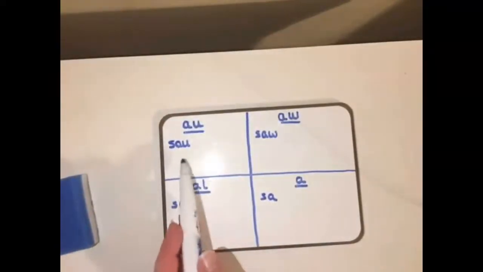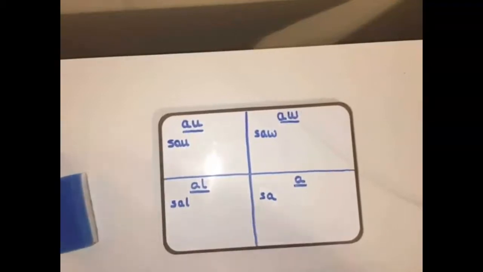A-U, this is not a word. This one is interesting because does the word saw end with an L? No, it's not a saw, it's a saw. So we don't need the one with the L there for this. And then S-A is not a word either. So we'll take those 3 off.